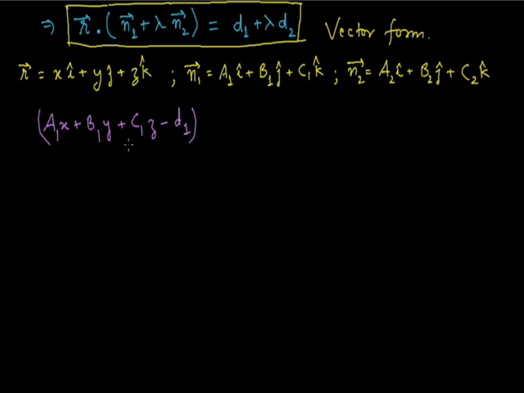This is the equation of plane 1 in Cartesian form, plus lambda times a2x plus b2y plus c2z minus d2 equals to 0. This is the equation of plane 2 in Cartesian form. And this particular equation, you can see over here, is the Cartesian form of the equation of the plane passing through the intersection of two given planes. So, let's do the question.